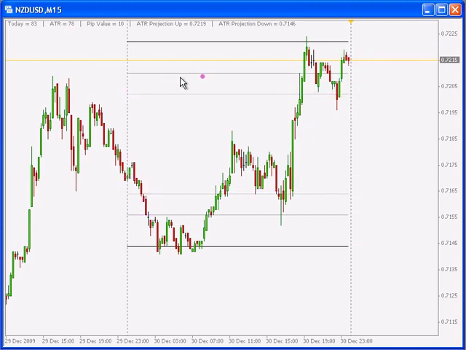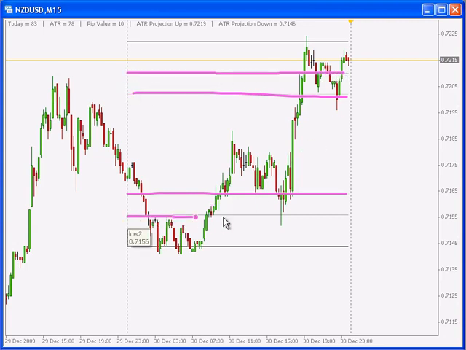Even though price has broken through the 50% bands, we may still be okay if we are a little bit more aggressive with our trading, as long as price has not broken at any time of the day beyond the 70% bands. Basically, these two bands here.